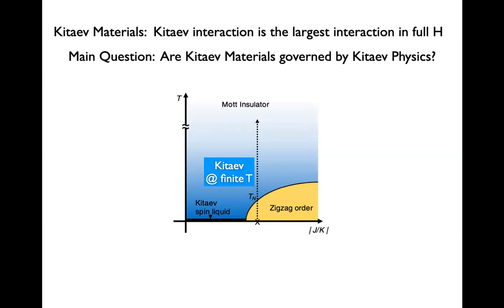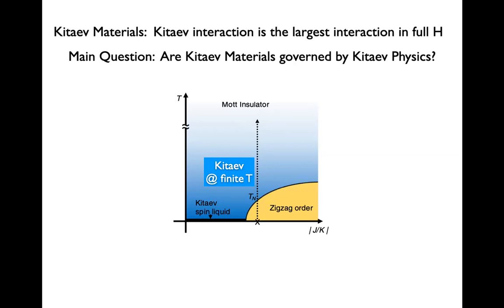Then we are nearby the Kitaev spin liquid, which is well defined only at zero temperature. It's a two-dimensional material, so we expect there will be no phase transition, but this probably transforms into some kind of mixed state. And then the finite temperature, where the dashed vertical line is, we hope that our material is sitting in.